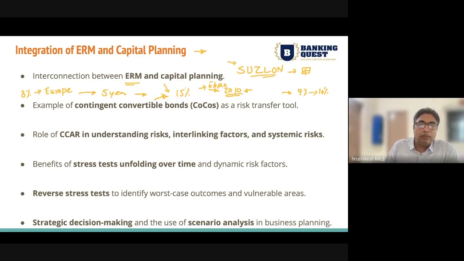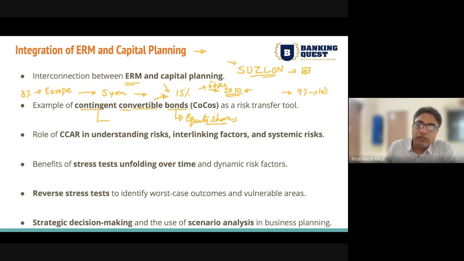Okay, example of contingent convertible bonds. These are very important. I'm not sure whether you know what convertible bonds are, and again contingent, but I will try to spend some time on it. The bond which can be converted into equity shares, these are called convertible bonds.